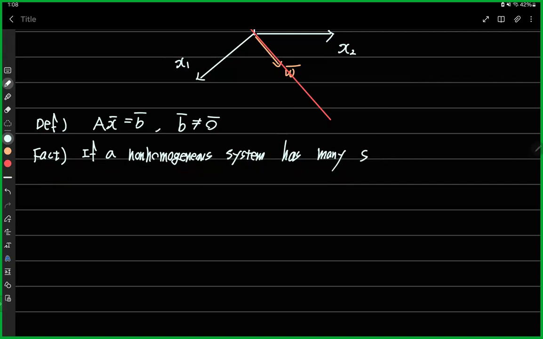That means the system has infinitely many solutions. So if a system has many solutions, then we can write the solution set in parametric vector form because it has a free variable. Then the general solution can be written in parametric vector form as x = s times vector p plus t times vector h, where s and t are parameters.